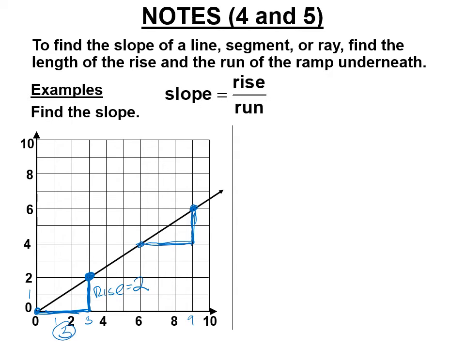You could subtract 6 minus 4, but it's 2 boxes high, and the run is 3. So what is the slope of that ray? You would say the slope is 2/3. The slope of the ramp is 2/3. The slope of the ray lining the top of it is also 2/3.